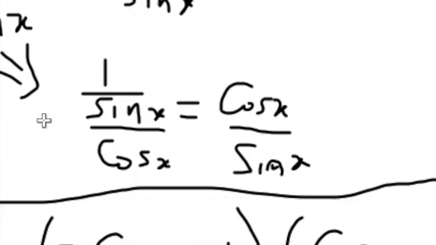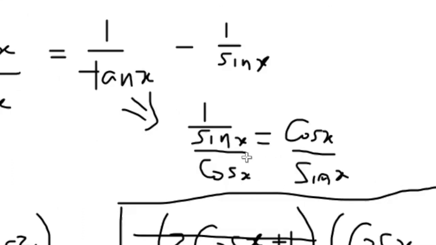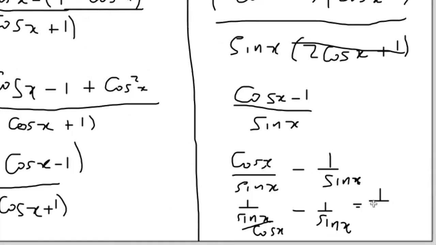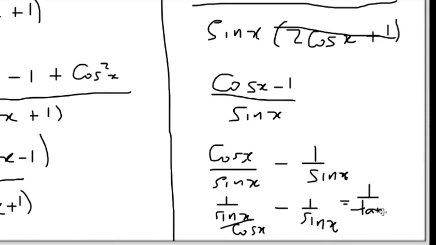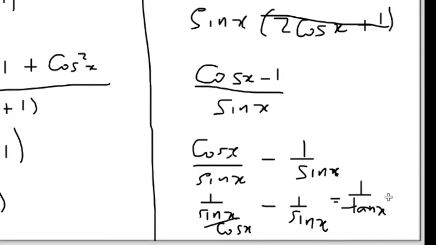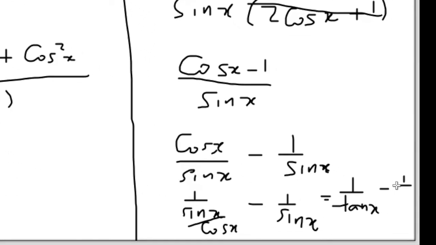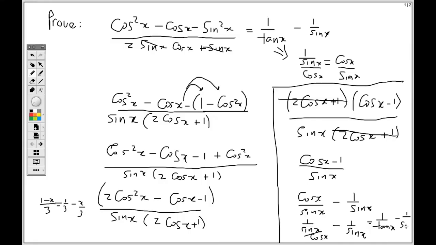Now this is the same as tan x. So I can rewrite this even further to become 1 over tan x, because I'm just working from the cos x over sin x, and it's the same as 1 over sin x over cos x. So I can even rewrite the sin x over cos x as tan x. So therefore proven, here we're seeing that the left is the same as the right.